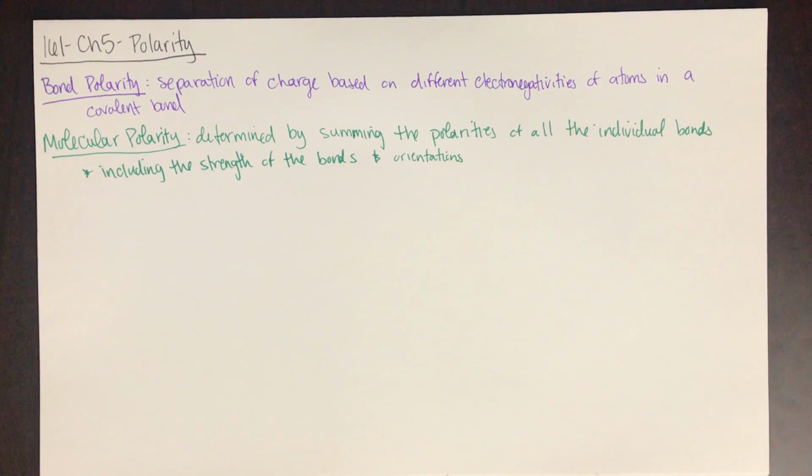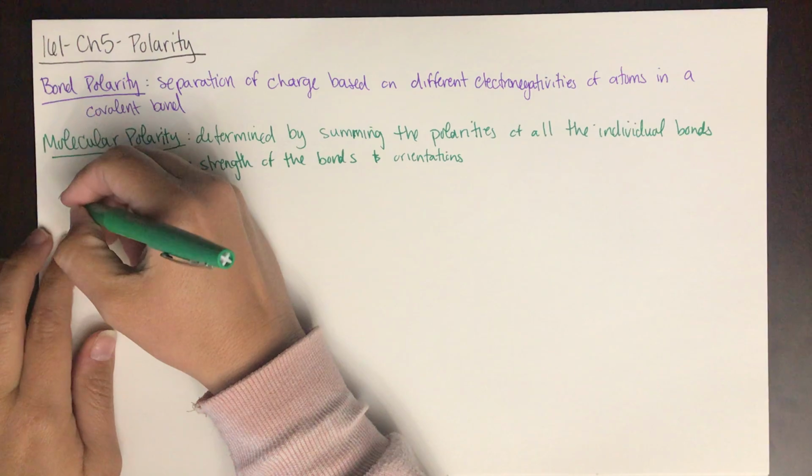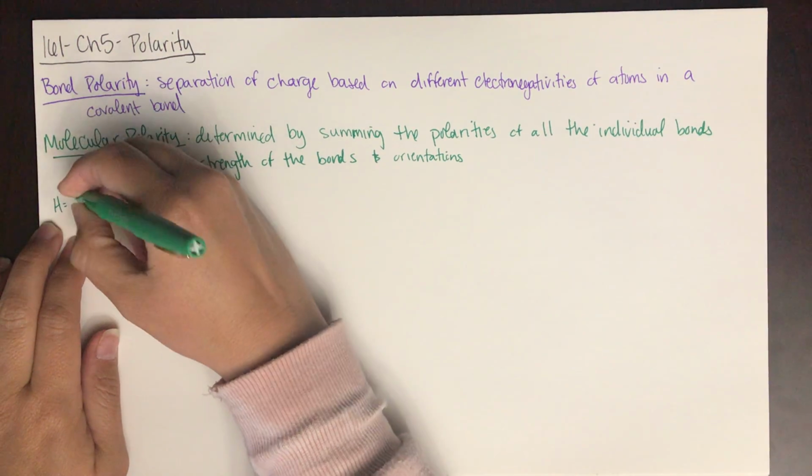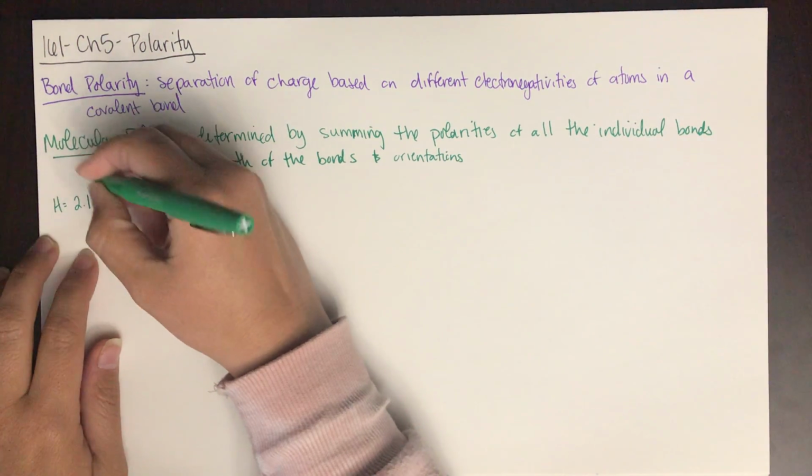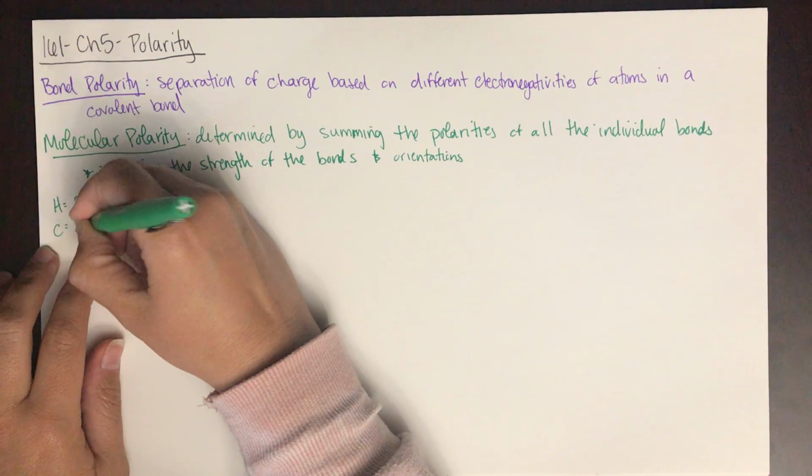The electronegativity of hydrogen is about 2.1 and carbon is about 2.5.